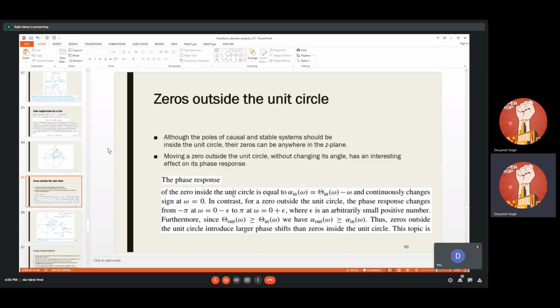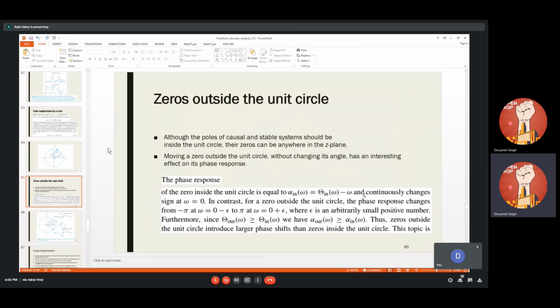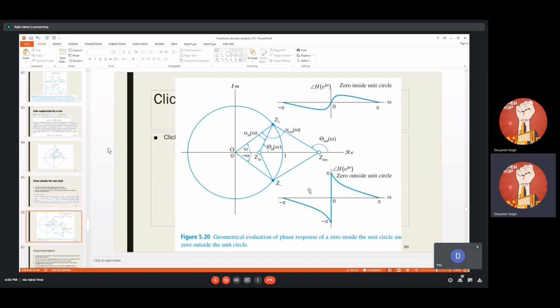The phase response of the zero inside the unit circle is equal to theta_in(omega) minus omega. If you look at this alpha_in(omega), it is this angle, equal to theta_in(omega) minus omega. Isn't it? This angle is equal to this angle plus this angle.